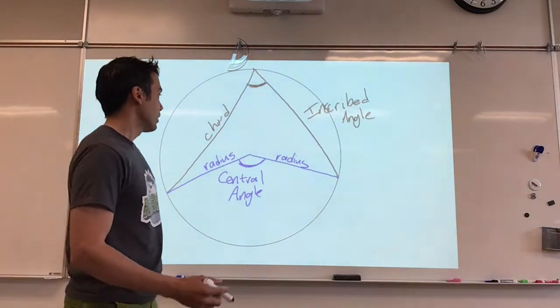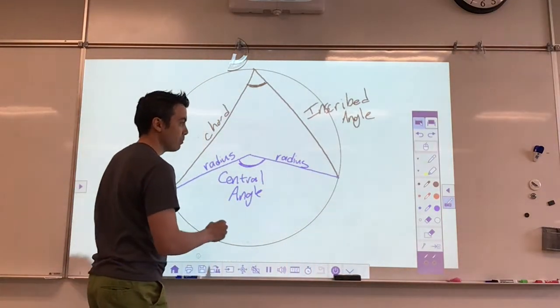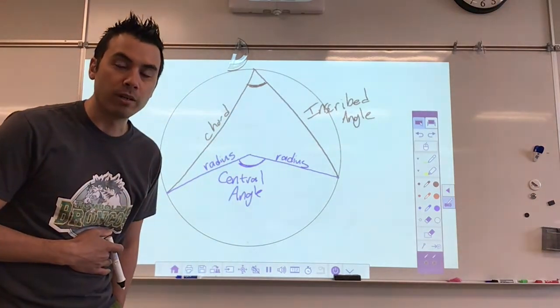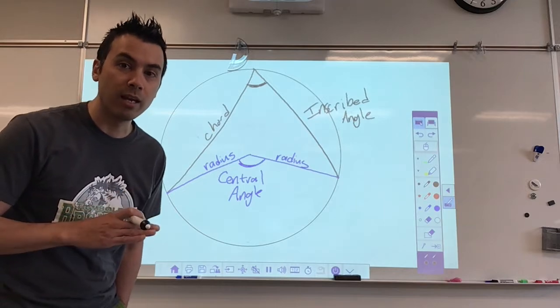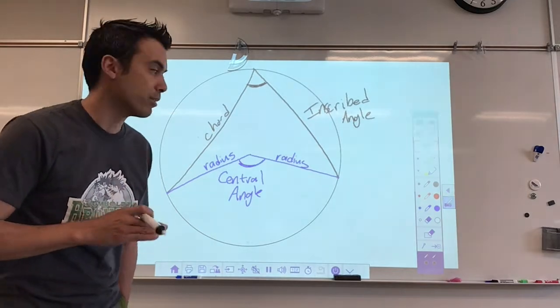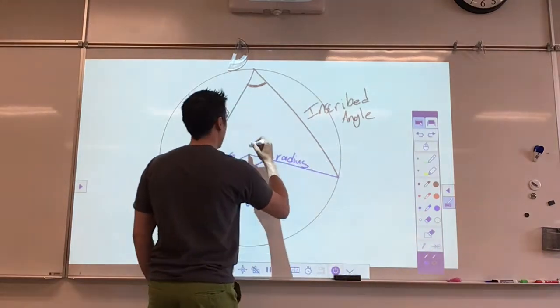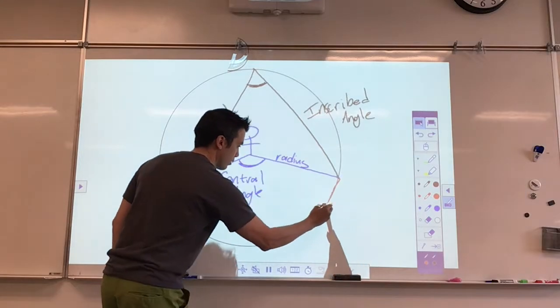So both of these angles are standing on this exact same arc. And the fact that they are on the same arc is very important, because this relationship only works if they are subtended or standing on the same arc. We could almost think of them as little dudes, where we have this guy and he is standing on this arc right here.